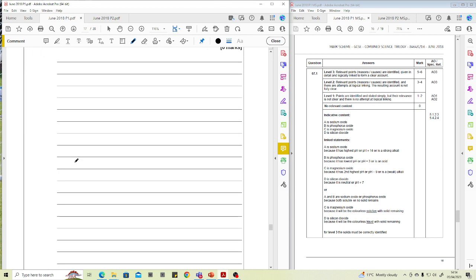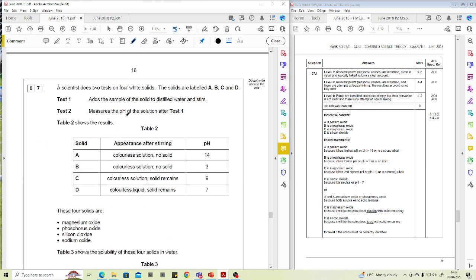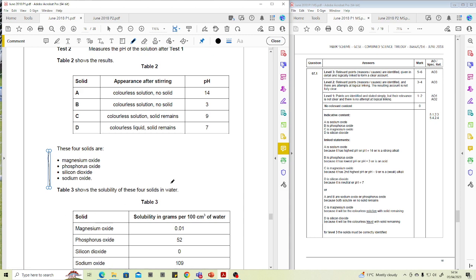We're going to make a really good structure for our question, identifying the solids A, B, C and D with explanations. Okay, so how many different bits of evidence have we got? We've got test 1, test 2, and we've got the identities of the 4, but we don't know which one is which. Okay, and then what else does it say?